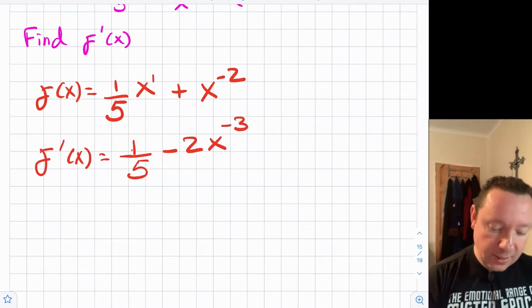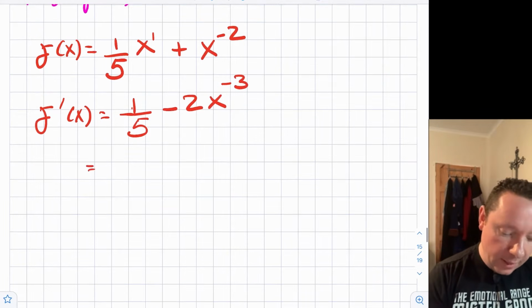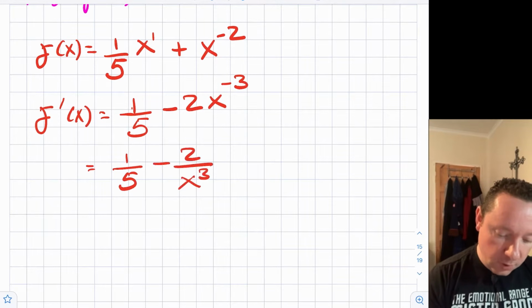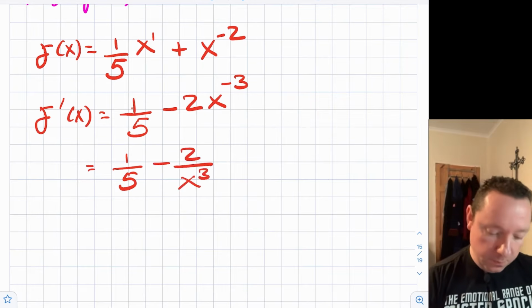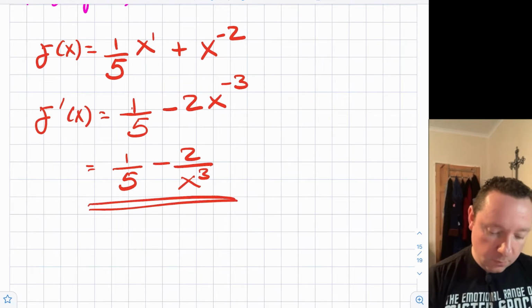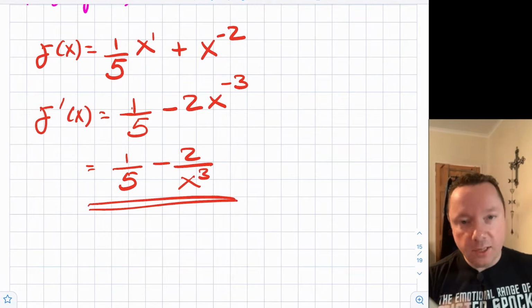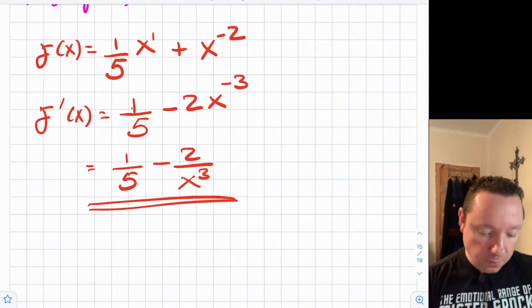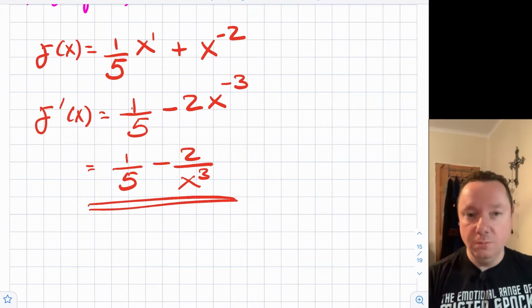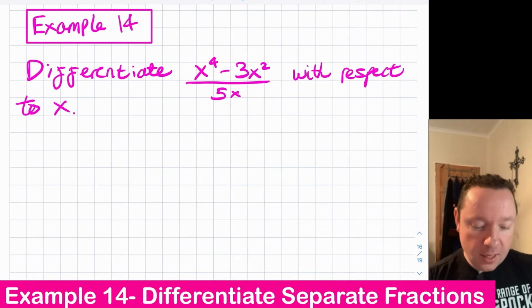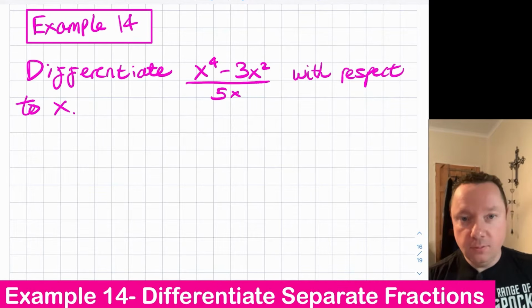Now that's a bit messy, so we can tidy that up by writing it as 1/5 minus 2 over x cubed, and that would be perfectly acceptable. If we wanted to go one step further and leave it as a single fraction, you could, but we're not going to.